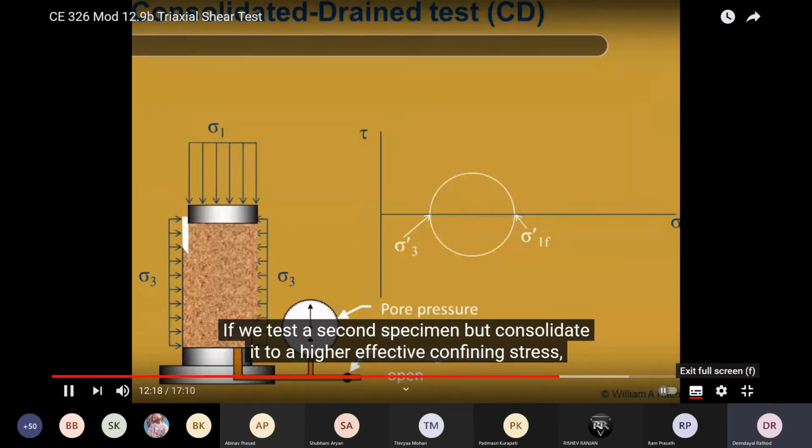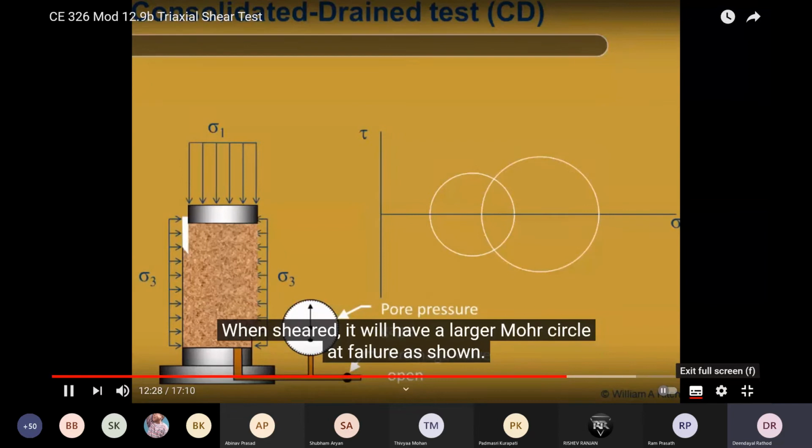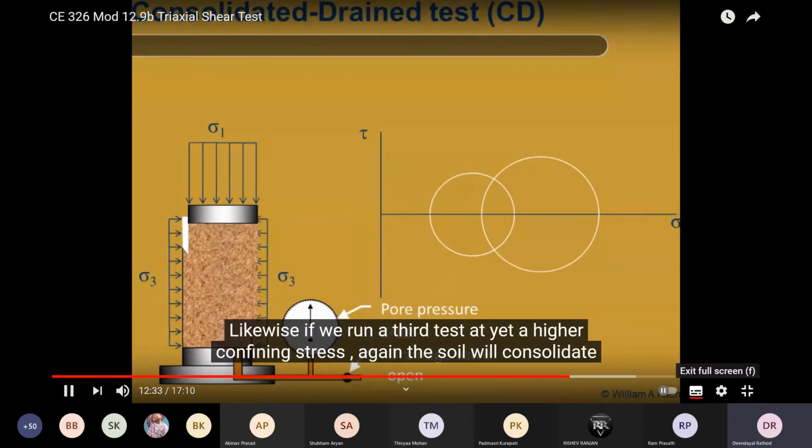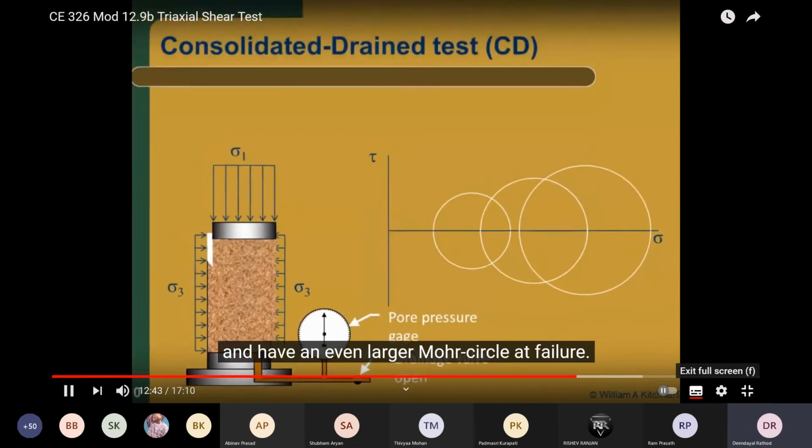If we test a second specimen, but consolidate it to a higher confining stress, the soil will gain strength during the consolidation process. When it is sheared, it will have a larger Mohr circle at failure, as shown. Likewise, if we run a third test at yet a higher confining stress, again, the soil will consolidate and have an even larger Mohr circle at failure.